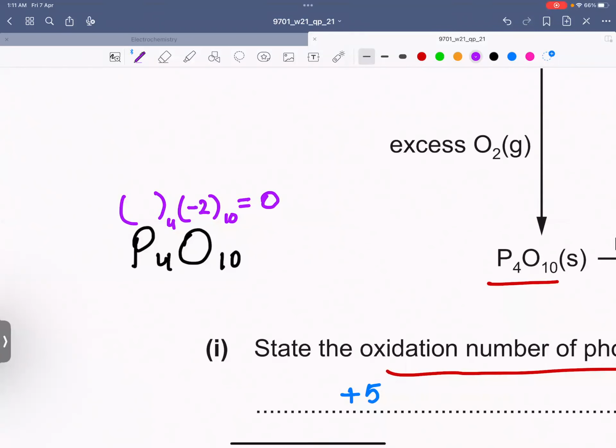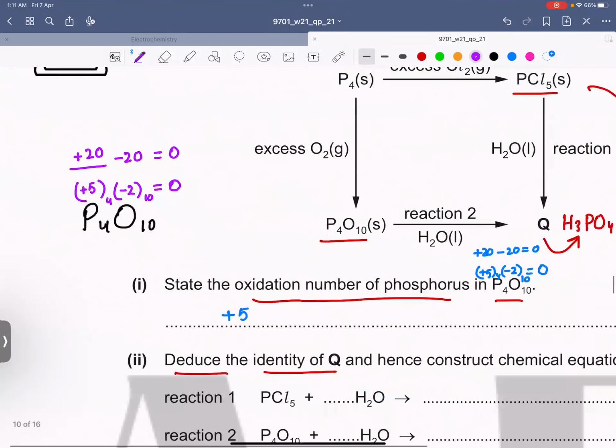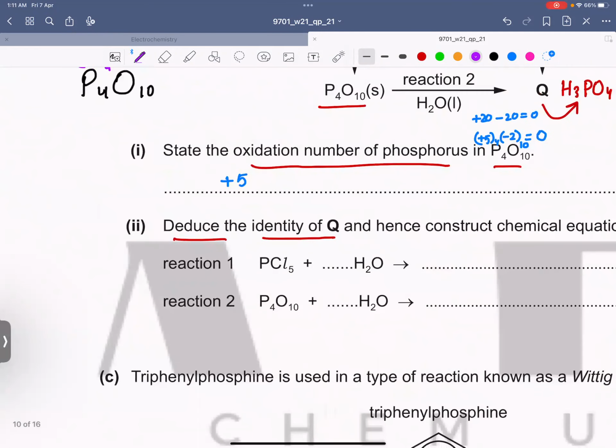There are 10 atoms of oxygen, so it becomes -20. And we know that the net charge is 0, so the phosphorus must have a +20 oxidation number. Now is it clear, Abdur Rafe? Yes, sir. And there are 4 phosphorus atoms and the charge is +20, so each phosphorus atom has a +5 oxidation number. Is this clear now? Yes, sir. So that's why I've put +5 over here.